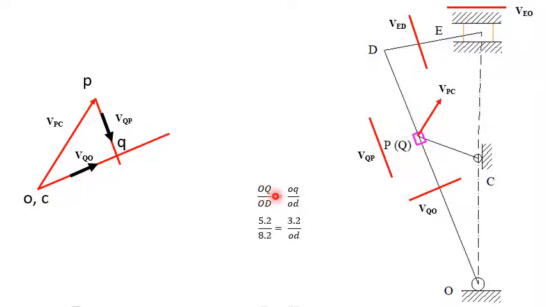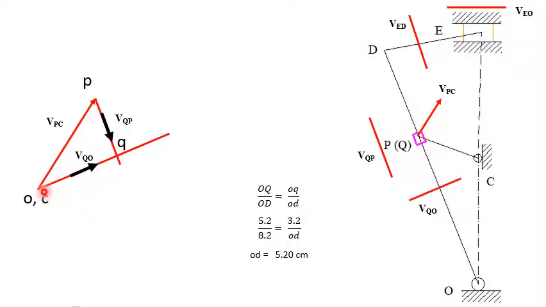Here OQ is 5.2 centimeter, whereas OD is 8.2, and oq, measured from the velocity diagram, is 3.2 centimeter. The only unknown is od, which can be simplified easily. So I got od value 5.20 centimeter.